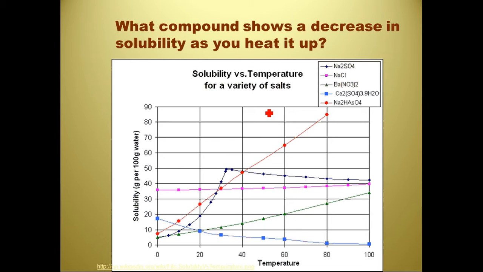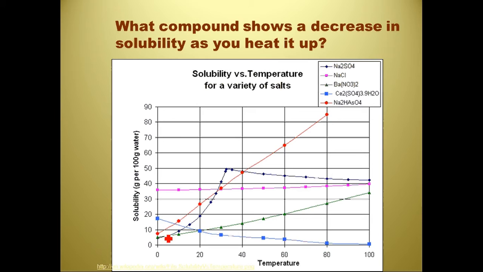What compound shows a decrease in solubility as we heat it up? Little wait time, and if you remember from geometry class again, we're looking for a negative slope. If we're looking for a decrease, it's really easy to see here that this is a negative slope, so this cerium sulfate happens to be a good one to pick.